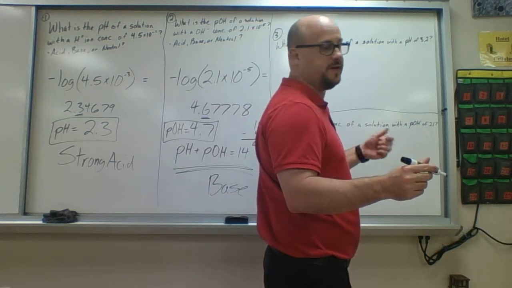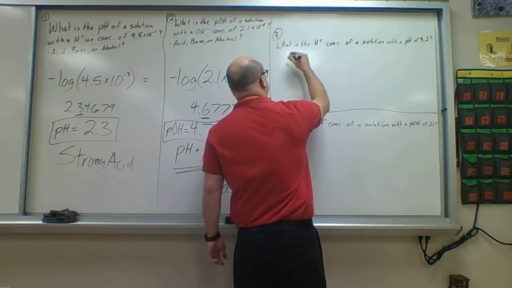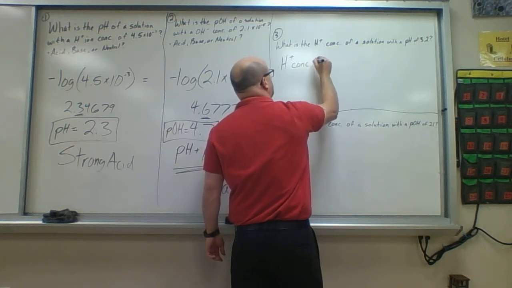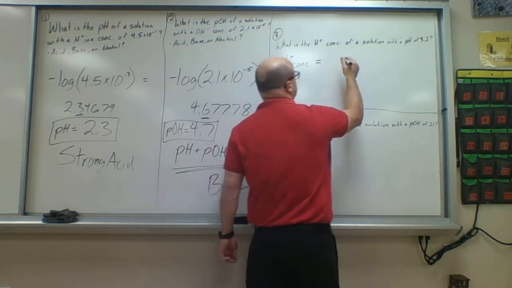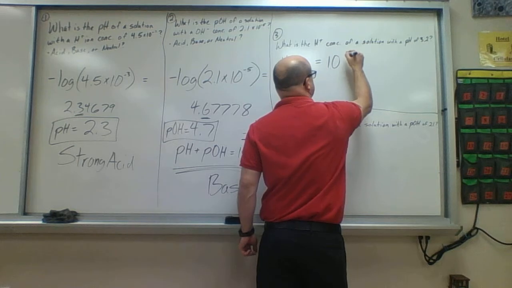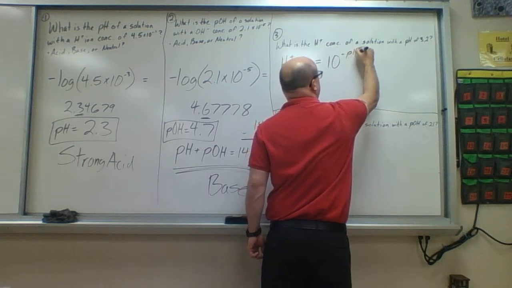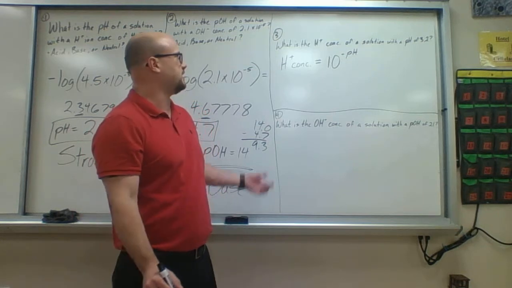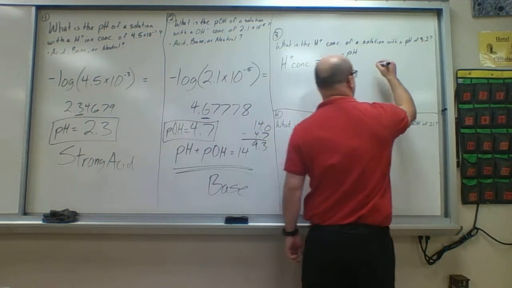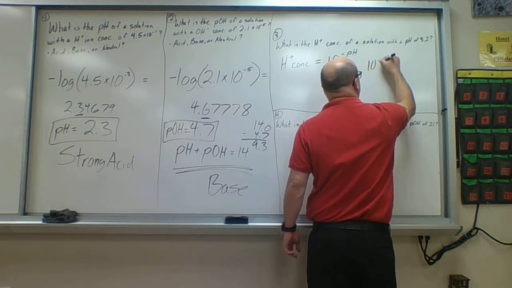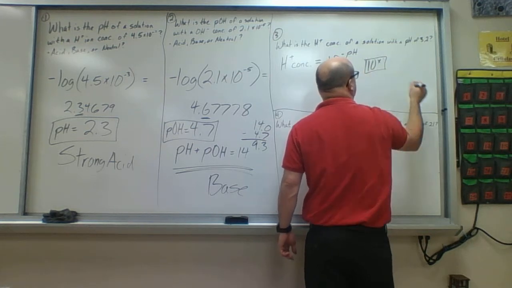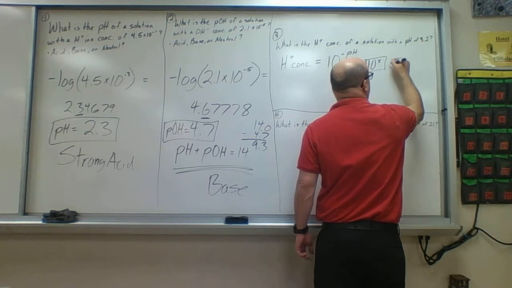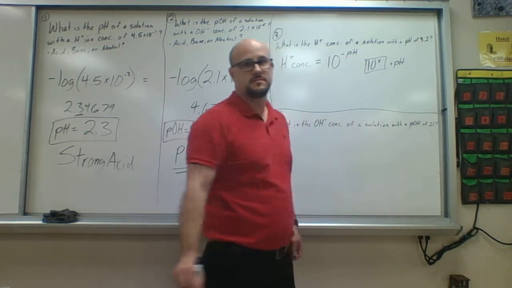The way to solve for these, hydrogen concentration equals 10 to the negative pH power. So on your calculator, you're going to hit the 10x button and then type in your pH.